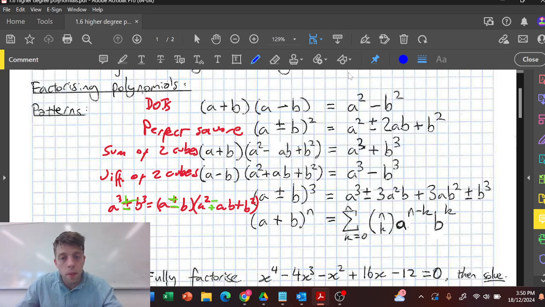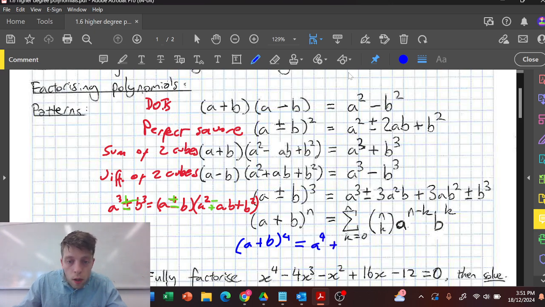So you need to remember that whenever we have an expansion, so let's say we're trying to work out what is, let's say, (a plus b) to the power of 4. We won't go too high. The way this is going to work is the powers of one of them are going to be counting down, and the powers of the other variable are going to be counting up. So, for example, we would have a to the power of 4 plus a cubed b. So this would be to the power of 3, that's the power of 1.